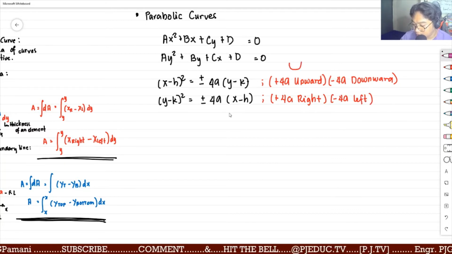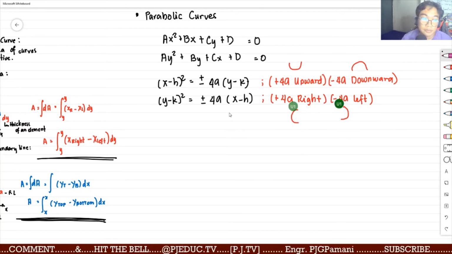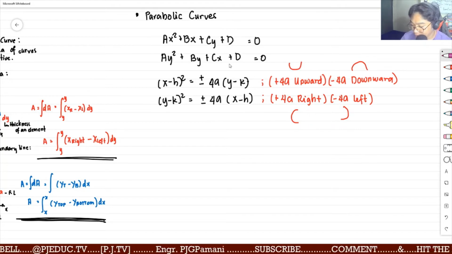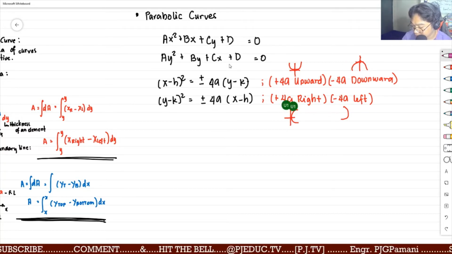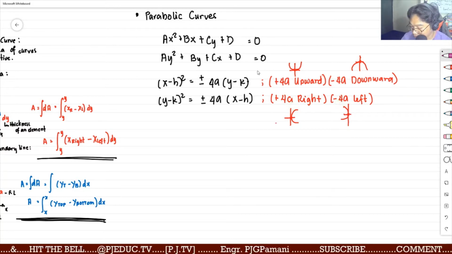Upward, downward, to the right, to the left. That is if your vertex is at 0. This is our h, k.